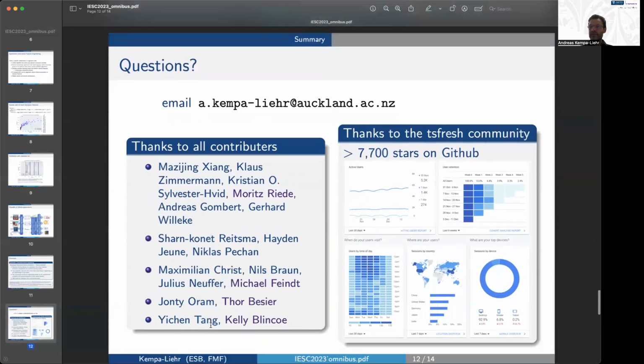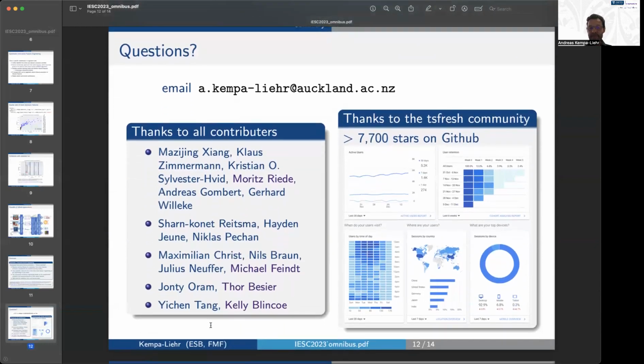Now, all this work wouldn't have been possible without the participation of an awesome team of people, right? So many thanks to all my contributors, especially Michael Feind, who came up with the idea of the Fresh algorithm, and Max, Niels, and Julius, who have written the TS-Fresh library, and my colleagues and students who have worked on all these different applications.